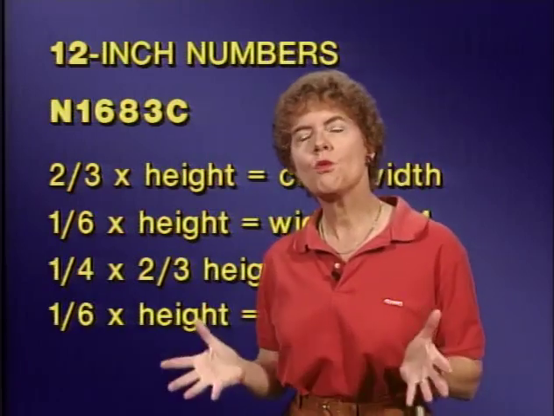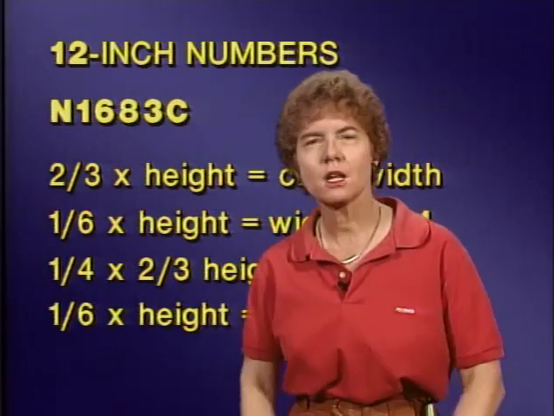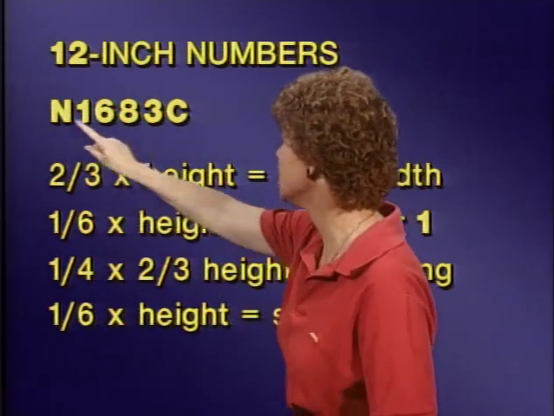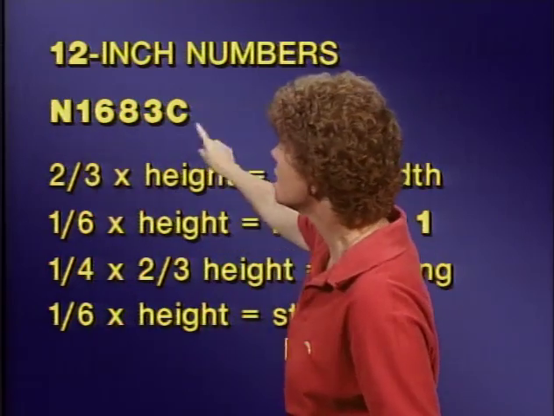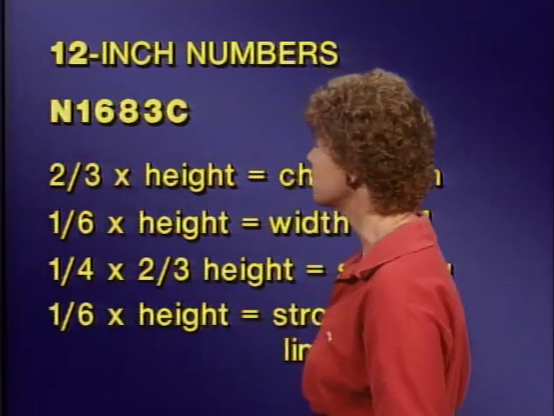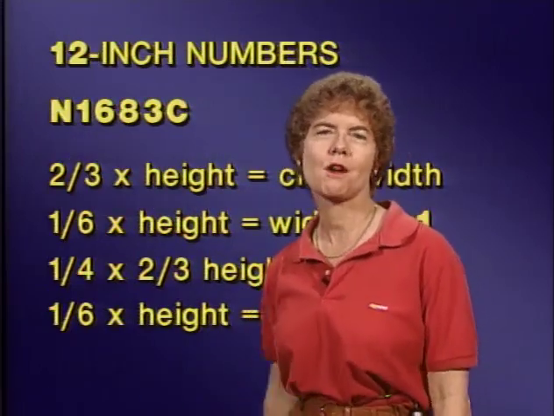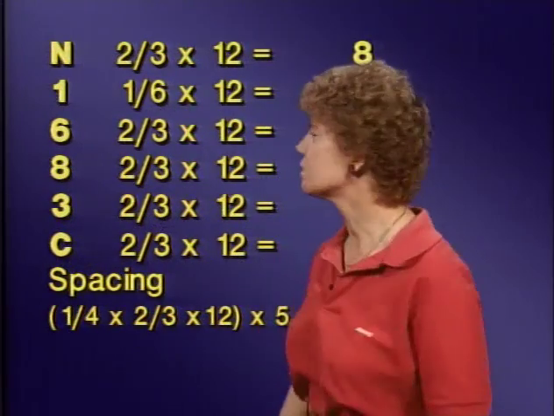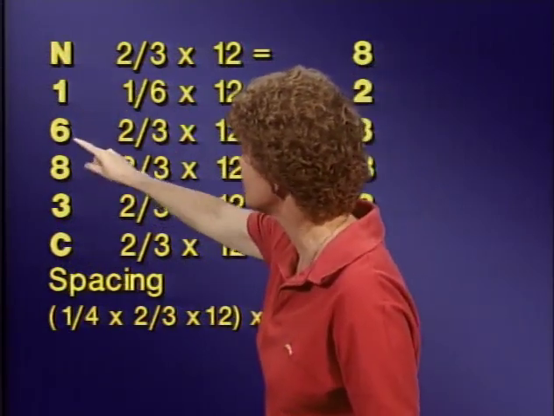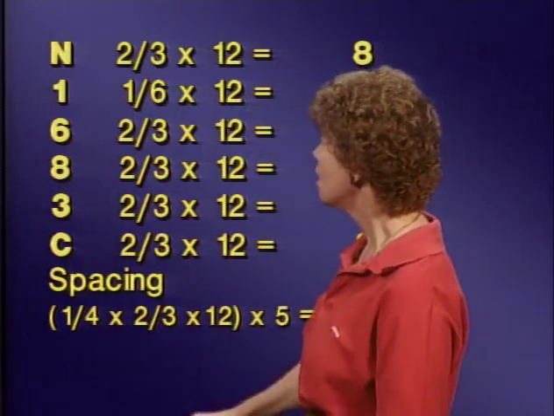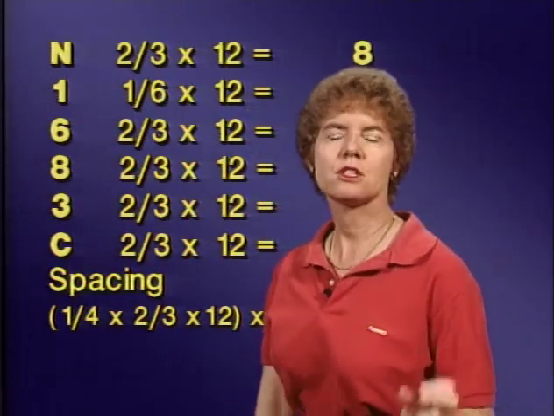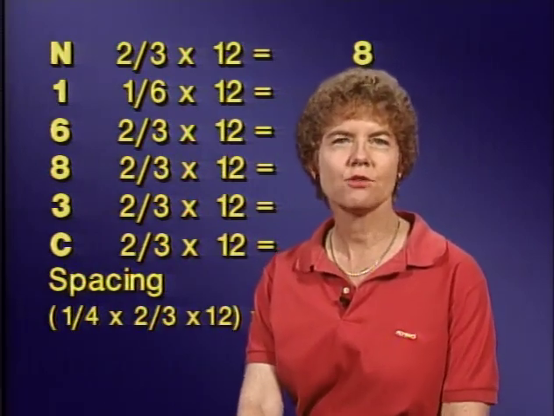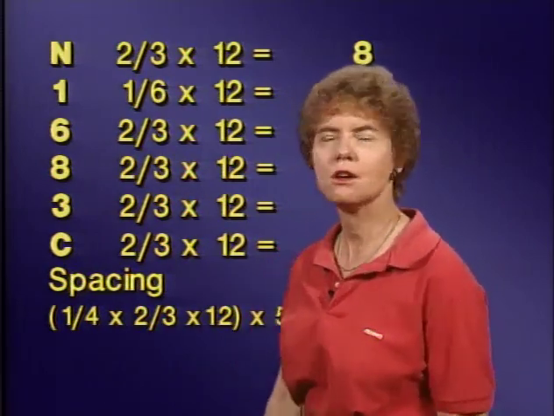The stroke or line width is required by regulation, but it doesn't have anything to do with how many inches across the fuselage that registration mark is going to take up. So let's work our way through that. Let's start first of all with the characters themselves. November 1683 Charlie. The character width has to be 2/3 of the height, and the height is going to be 12 inches. We already know that.